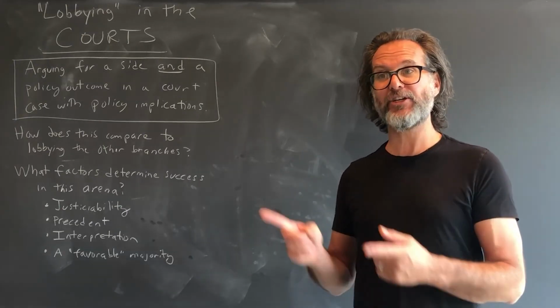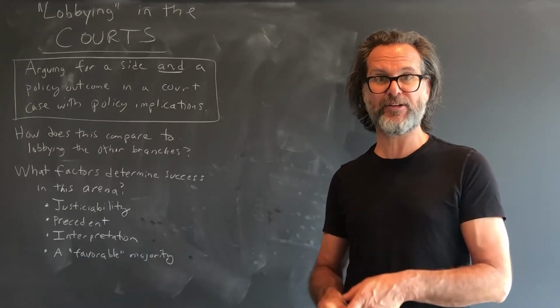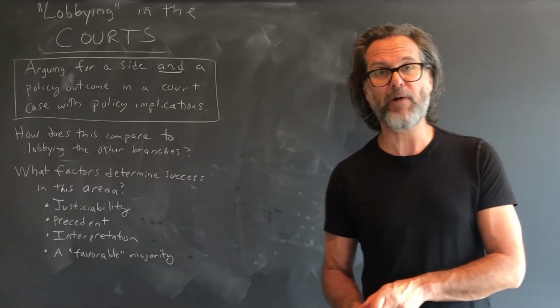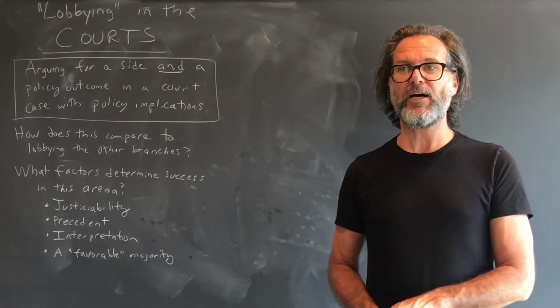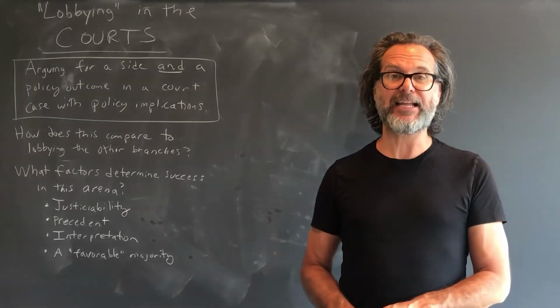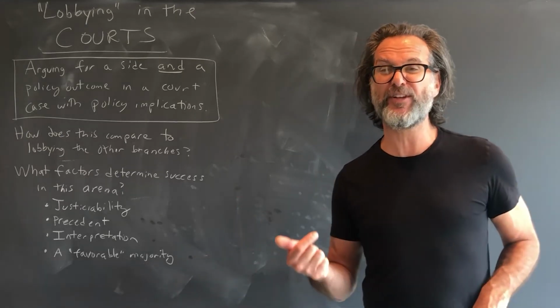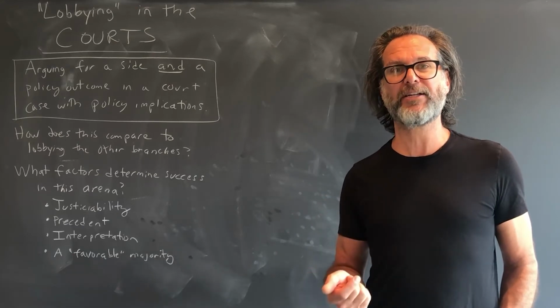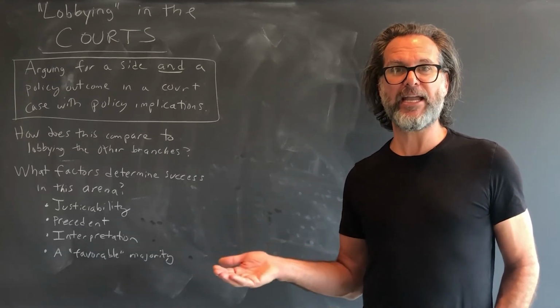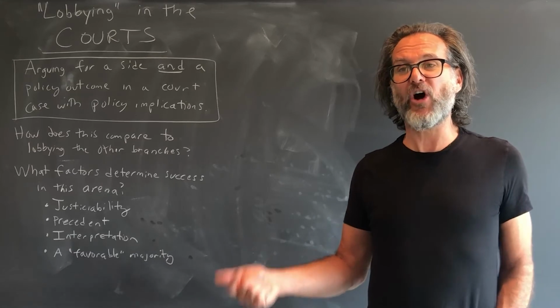Politicians respond to changes in the times, changes in current events, changes in public opinion, much more so than judges do. One of the things about getting a favorable majority, and I mentioned this before, is that this is part of electoral politics in the executive domain. You're better off, right?